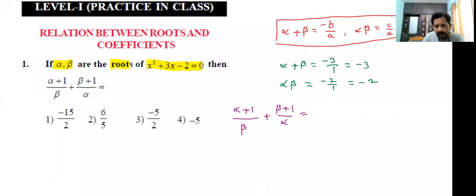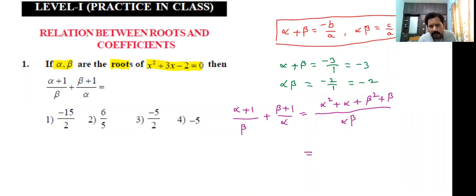Take LCM. LCM is alpha beta. And in the numerator, alpha into alpha, alpha square plus alpha plus beta square plus beta. But in the numerator, alpha square plus beta square is present.